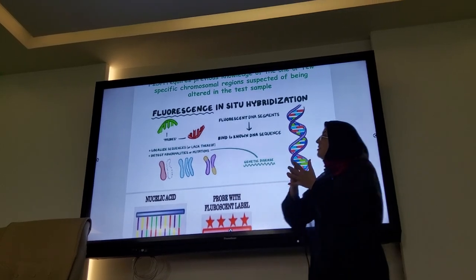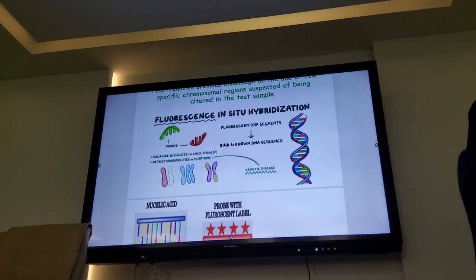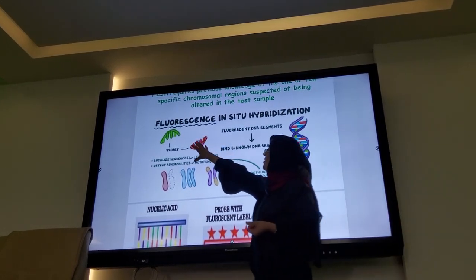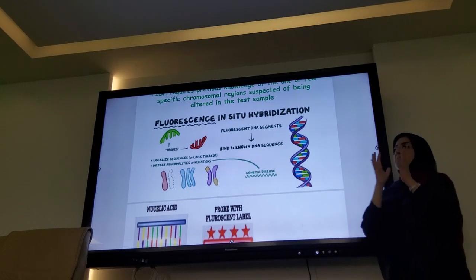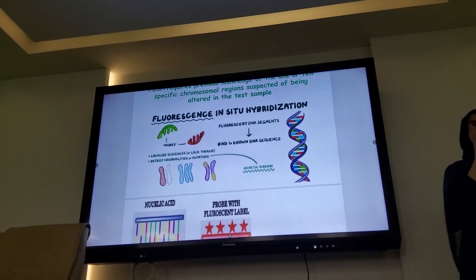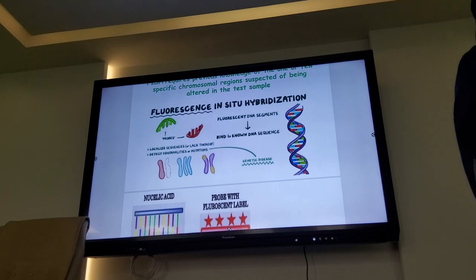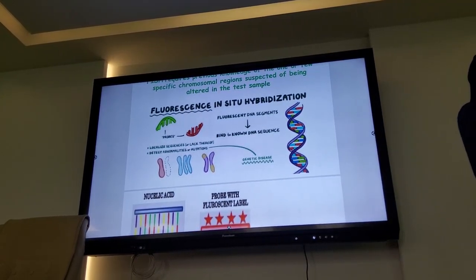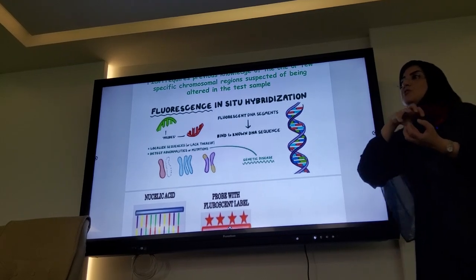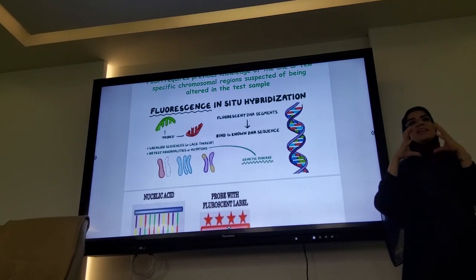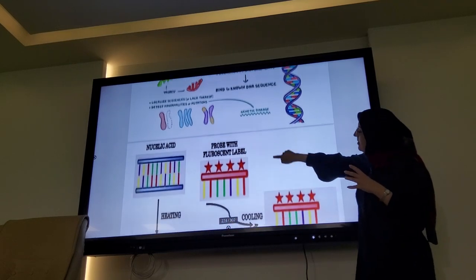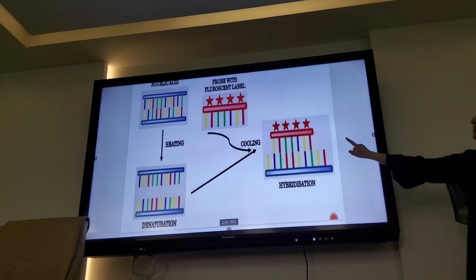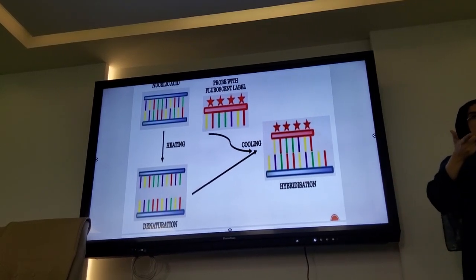These probes are attached to a dye. So when they mix with the patient cells, these probes go and try to find the region to attach. And when they attach, they become fluorescent. And you can see this light by light microscopy.